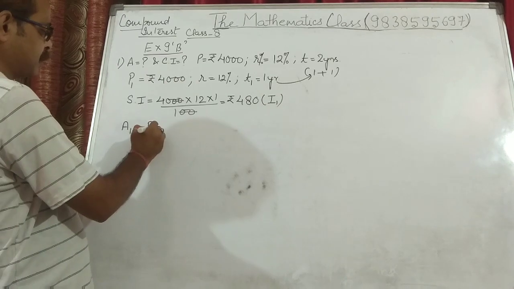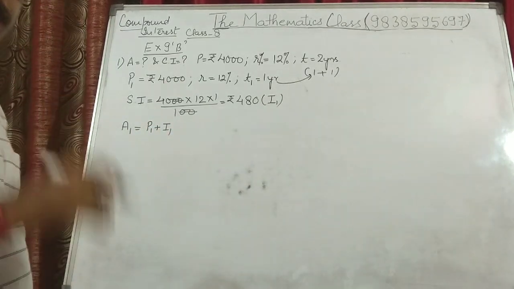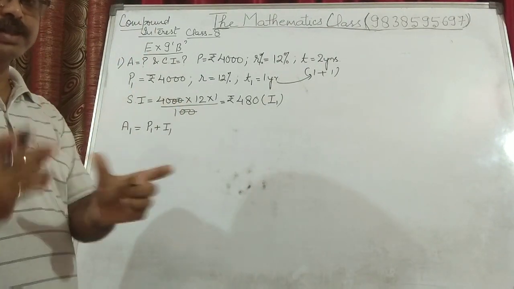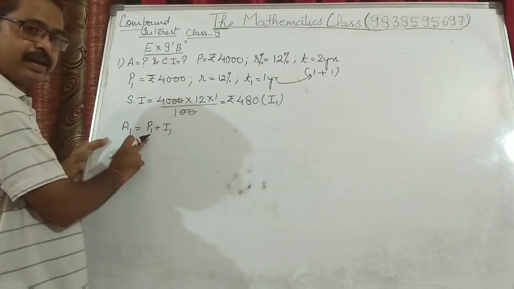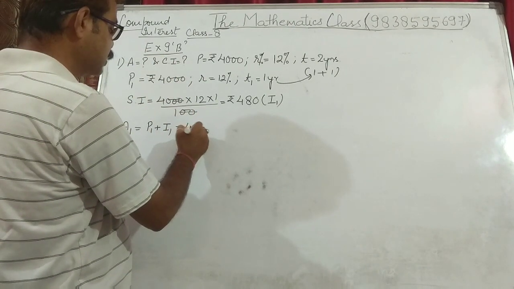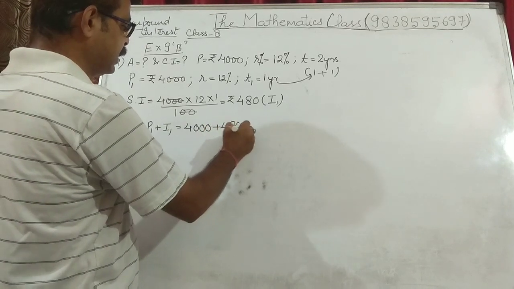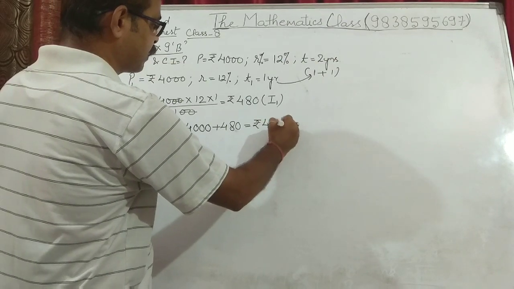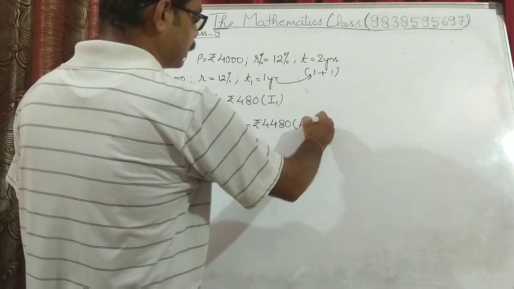The amount will be the principal for the first year plus the interest for the first year, because we know the formula is amount equals principal plus interest. So the amount after 1 year is the principal for 1 year plus the interest after 1 year, that is rupees 4,000 plus 480, which becomes rupees 4,480. This is the amount after 1 year.